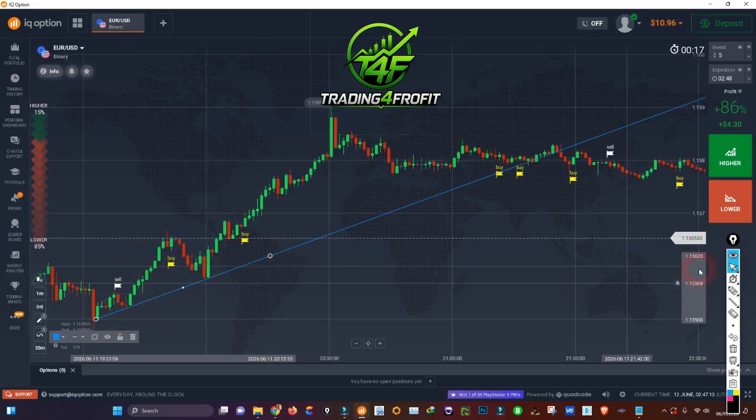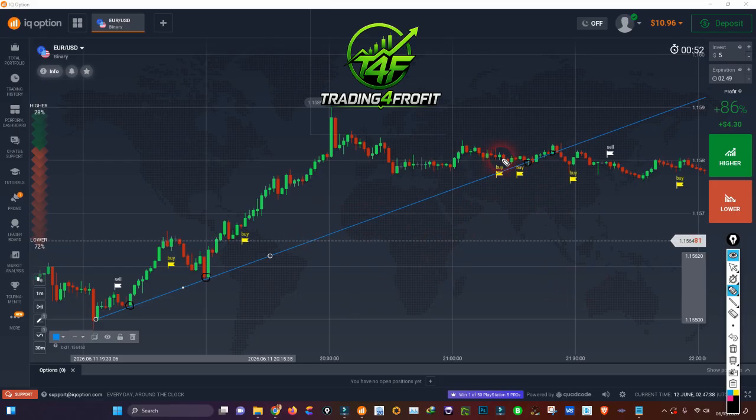The market tested here, it came here again, the market tested here, it tested here, and it came here again. You can see the market tested here, the same thing happened here. Okay, this is a trend line. Now depending on where you are drawing it, this is an uptrend, and this is what you draw.